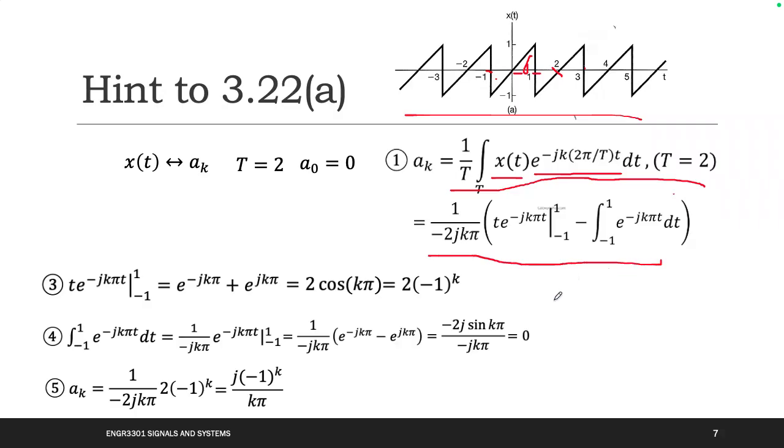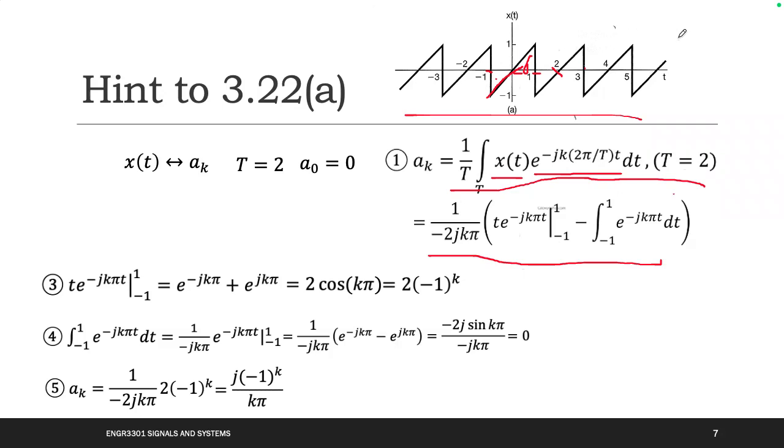Yeah, because here you just put t into this one, and the xt is just like a line, am I right? It's obvious, in one period, this is t.